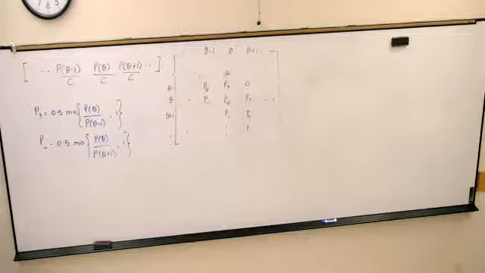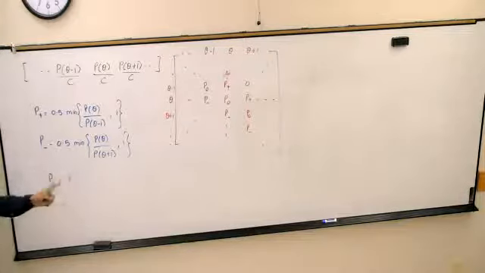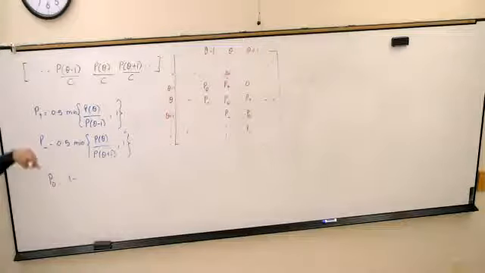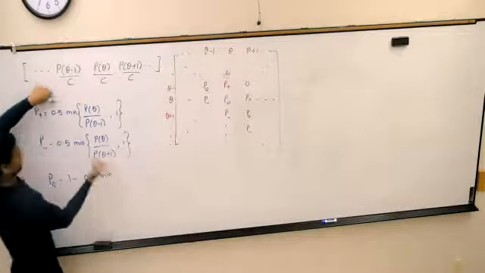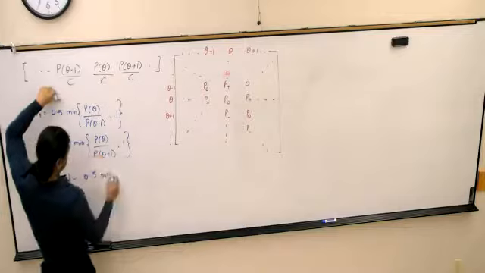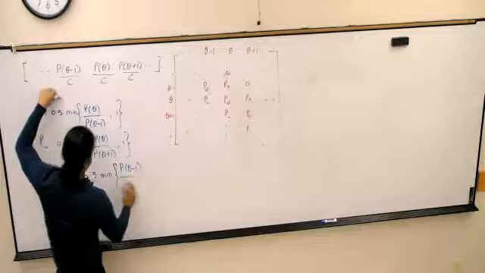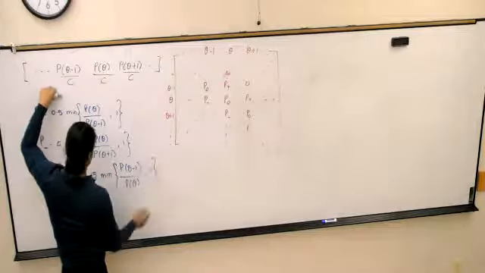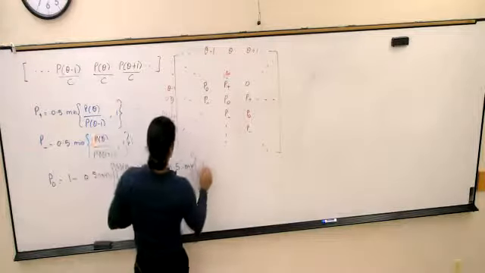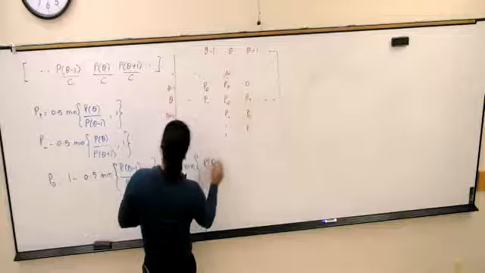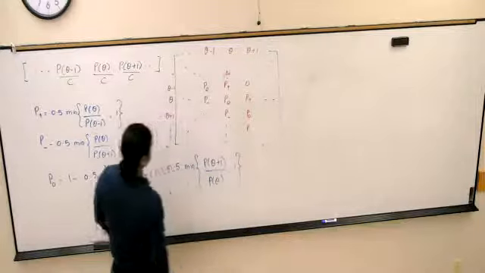Yes. And P0 would be 1 minus the complement of you going this way or that way. So 1 minus 0.5 times the minimum of going to the left, which is the minimum of P theta minus 1 over P theta, comma 1, minus 0.5 times the minimum of going to the right, theta plus 1 over theta, comma 1.